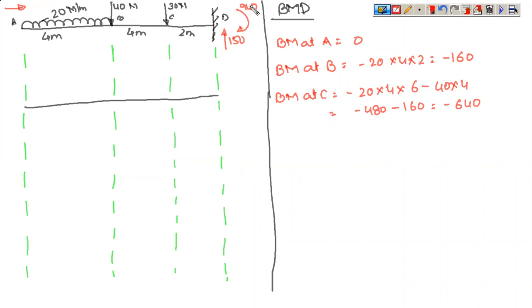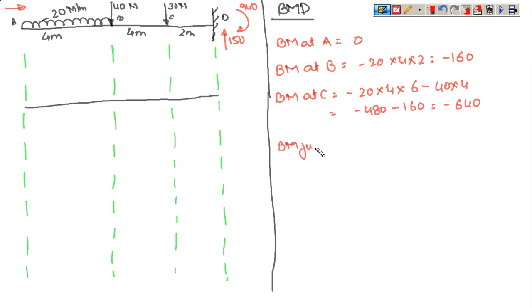Whenever you have moment of two different types acting at the same point, we calculate moment just before. You can make it a habit that in all cantilever beams, at the support, you always calculate bending moment just before that specific location.